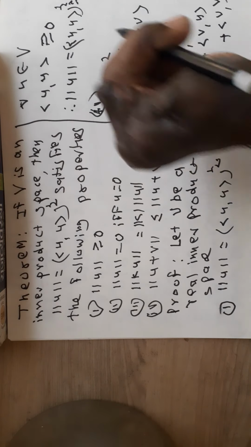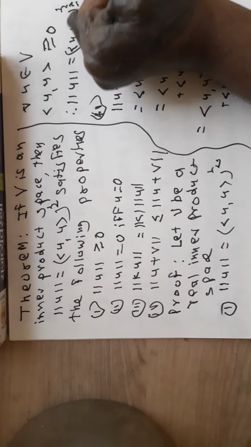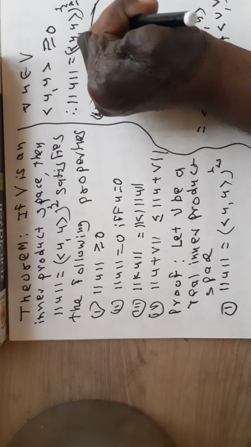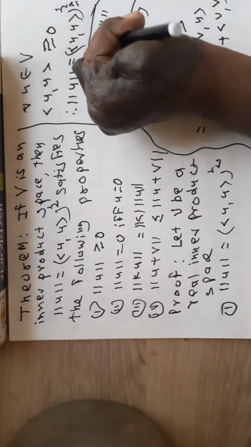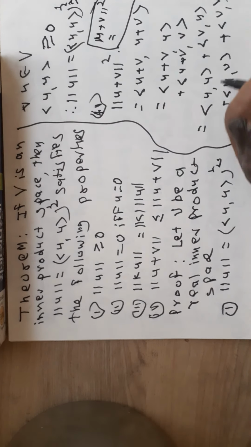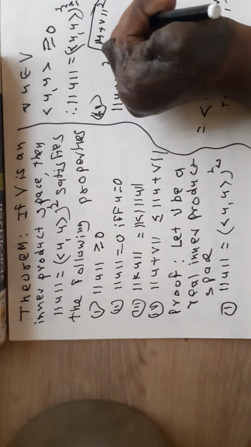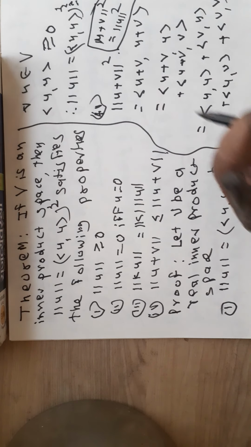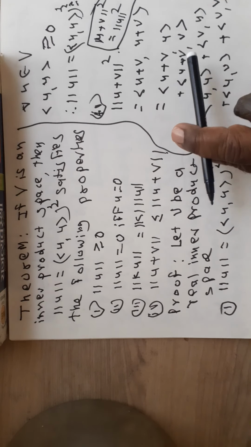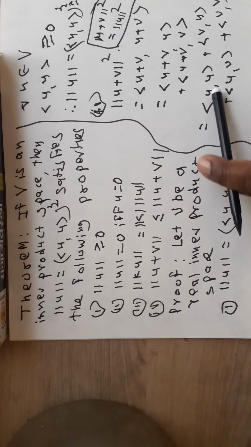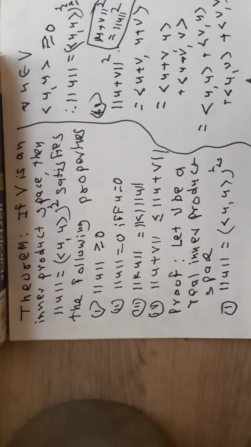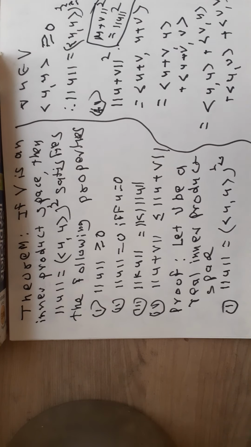Therefore, norm of u plus v squared is equal to angle bracket u comma u, which is norm of u squared, because we are defining norm of u as angle bracket u comma u raised to the power half. Now angle bracket v comma u is the same as angle bracket u comma v by symmetry.